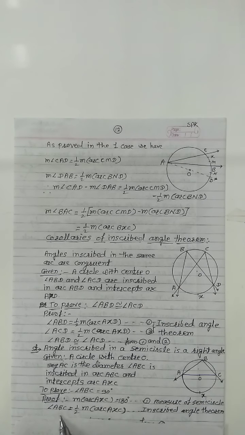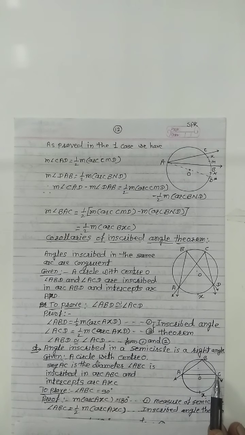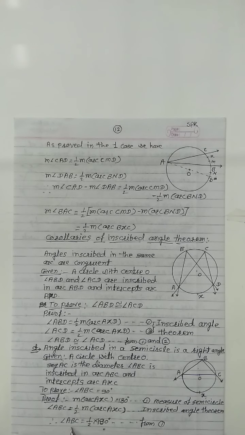Angle ABC equals 1/2 measure of arc AXC, by the inscribed angle theorem, since this angle is an inscribed angle. Then we write angle ABC equals 1/2 measure of arc AXC, which is intercepted by that angle. Then measure of angle ABC equals 1/2 into 180, since the measure of AXC is 180. 1/2 into 180 we get 90.